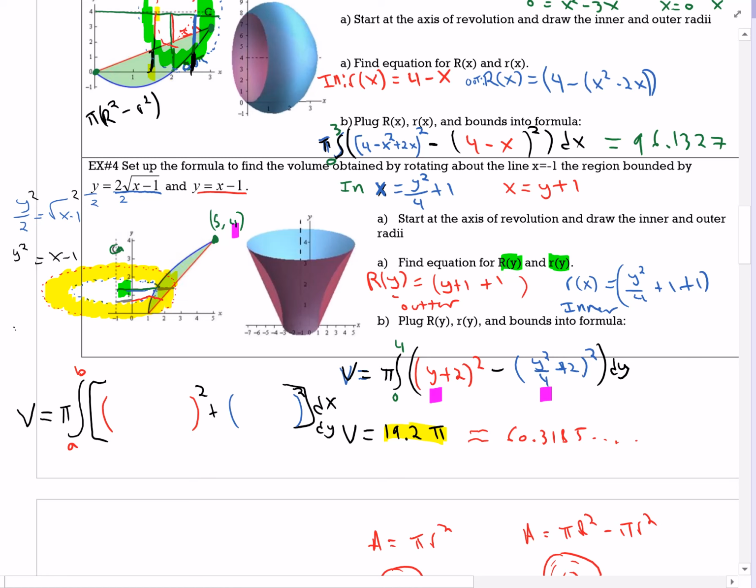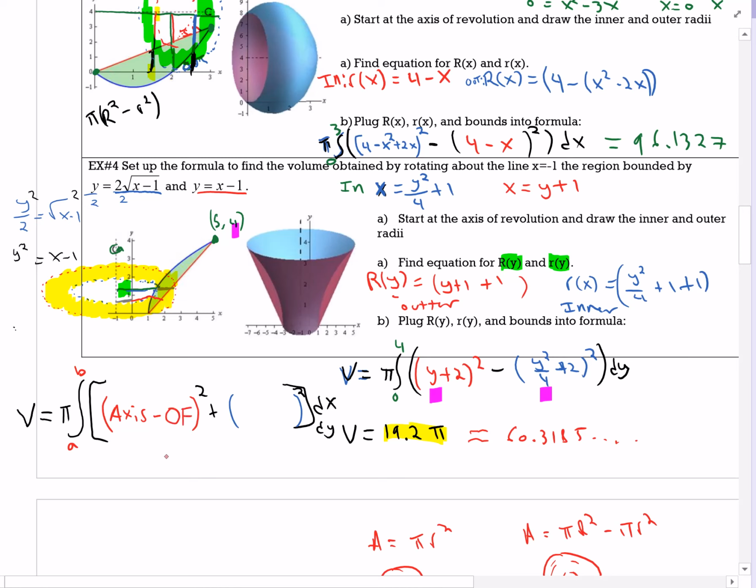To find the radius, you can always just do the axis, whatever the axis is you're rotating it about, minus the outer function. So I'm going to write outer function.